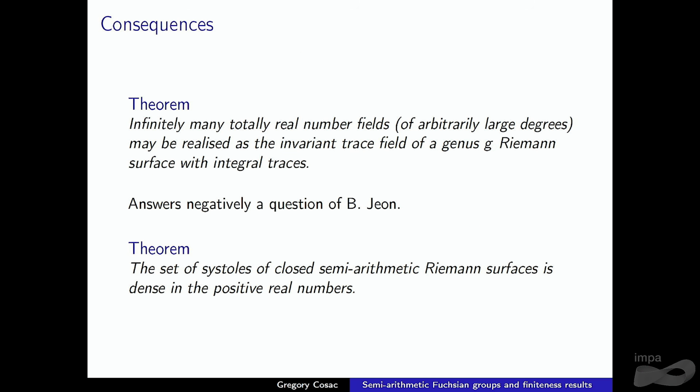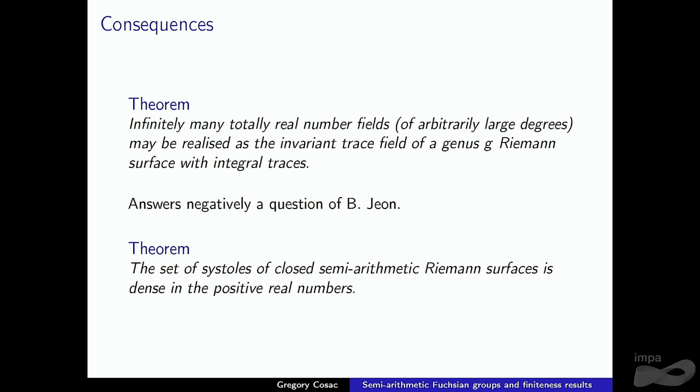Okay. So I've defined semi-arithmetic Fuchsian groups, and I showed to you that there are lots and lots of them in every genus. As I said before in the introduction, for arithmetic groups, if you bound the co-area, so for instance, if you fix a genus, there are only finitely many of them. So if you bound the co-area here, you still have infinitely many semi-arithmetic groups.